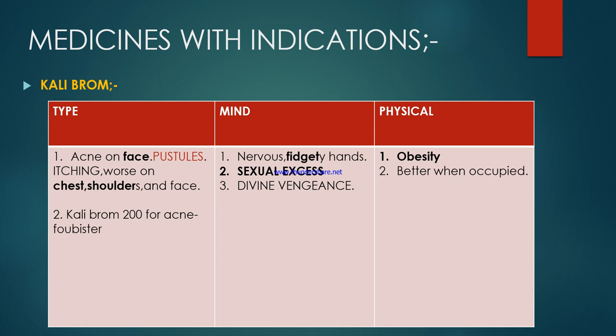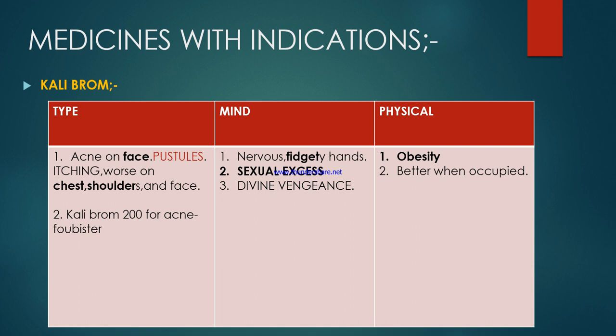We can see the fidgety hands, the nervous hands, not like Zincum metallicum where we see nervous legs, but here we see nervous hands, and he is very restless, and there is a history of excessive sexual desire or sexual excess. And there is a very peculiar mental condition, like she feels that all the illness is due to divine vengeance of God, due to the wrath of God. That is a very peculiar theme of Kali bromatum actually.